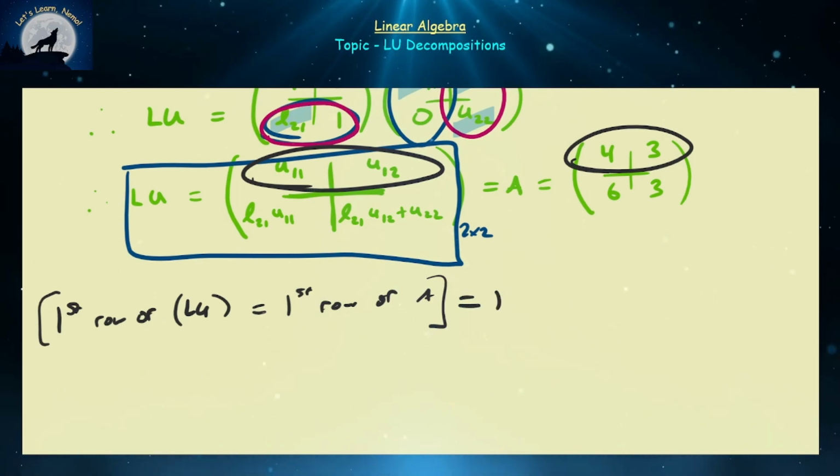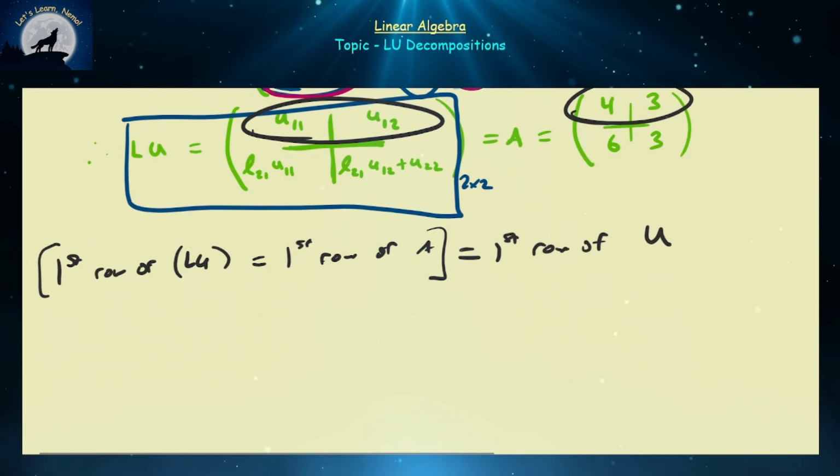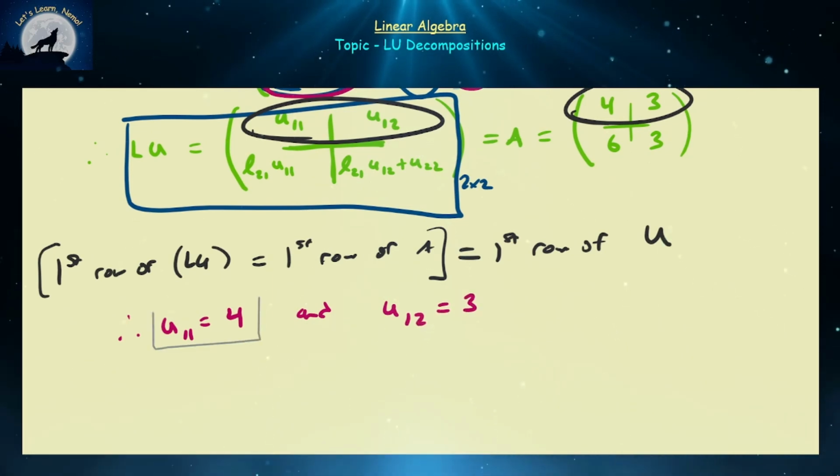So more importantly, this is the first row of U. And U, remember, has 2 unknowns. It has U1,1 and U1,2 in it. So that means we immediately get 2 out of the 4 unknowns that we have. From this we can clearly see that U1,1 will be equal to 4 and U1,2 will be equal to 3. All right, so we're 50% done.